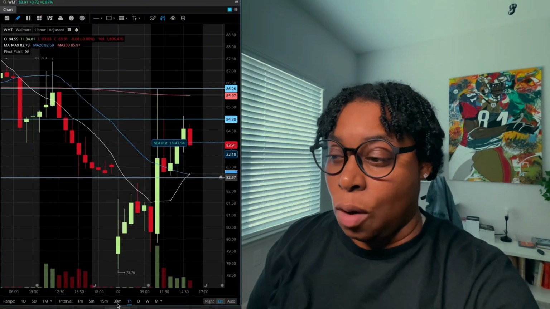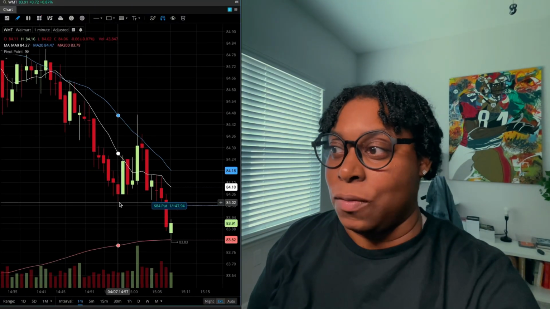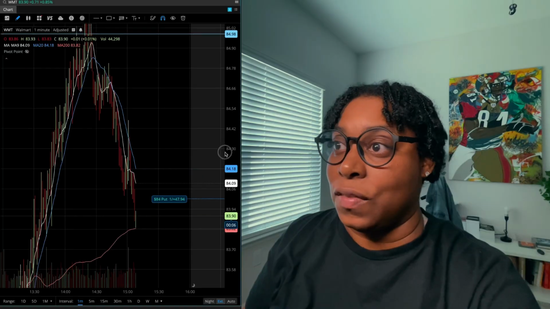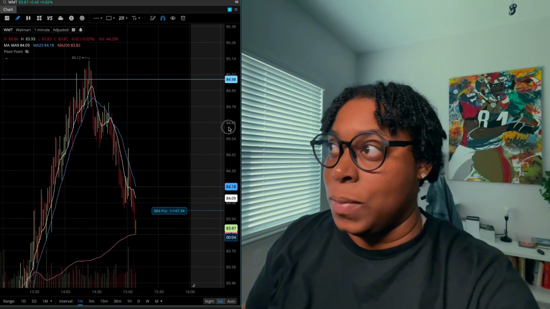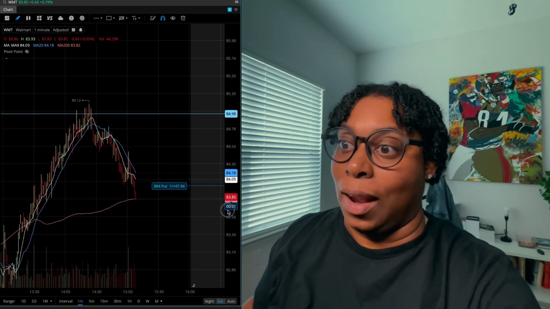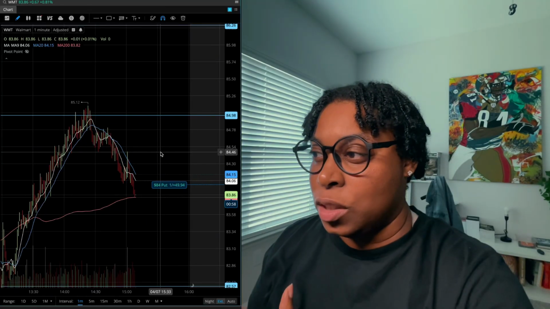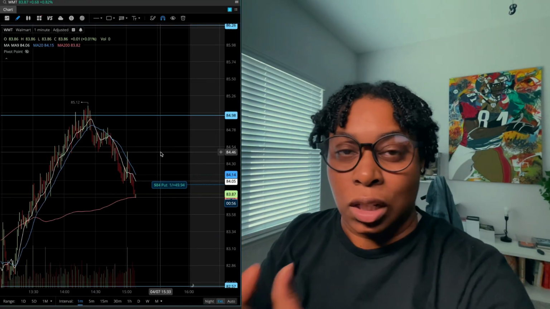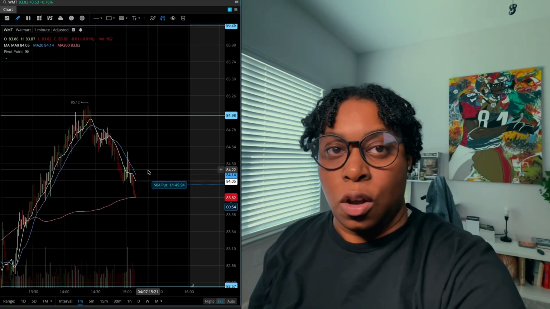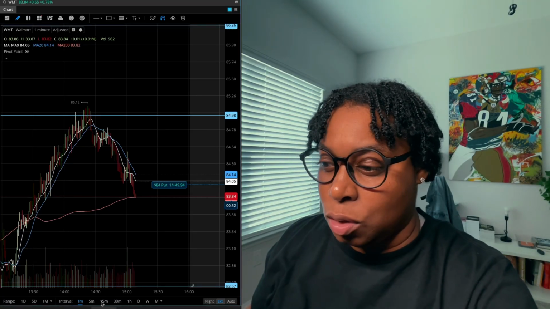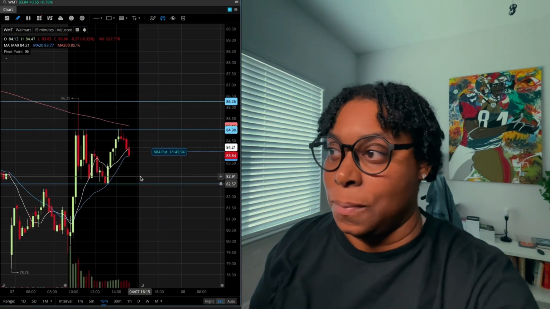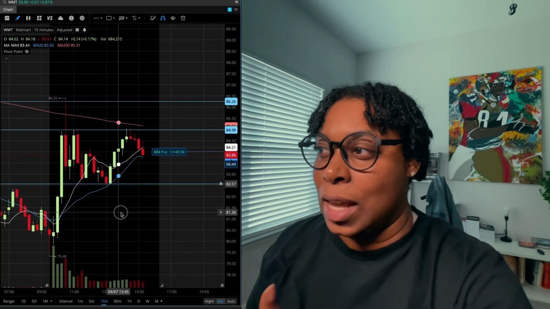So this is the hourly time frame. On the 1-minute time frame, you will see a lot of candles, and I mean a lot of them. But when you don't want to see too much clutter, you just go to higher time frames. So I'm going to go back to the 15-minute so I can show you guys what I mean.